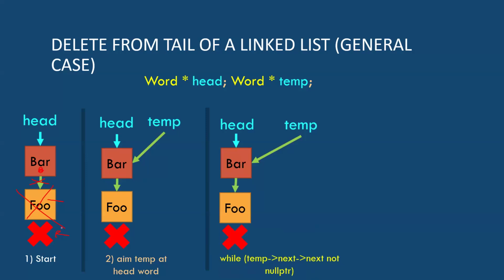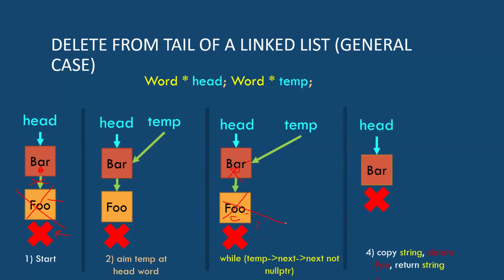That means keep going while temp next next is not null. Because if temp next is null, that means we found it. We are here. If temp next is null, then we are at the right place and we don't want to search anymore. We just want to do our work and go home. Get rid of that thing, get rid of that thing, and off we go.